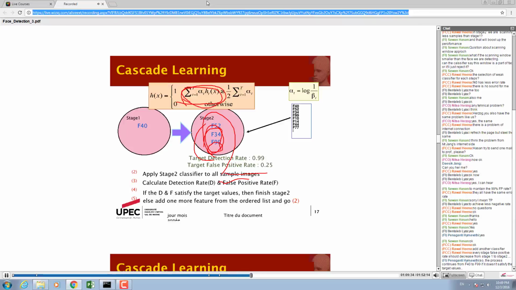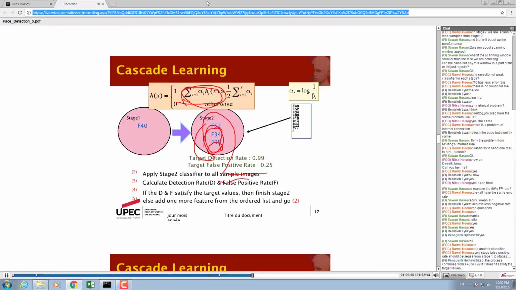So your question is, every stage, first of all, the false positive rate will decrease, right? For example, stage 1 was 0.5, stage 2 is 0.25. So we are intentionally decreasing the false positive rate to half of the previous one.